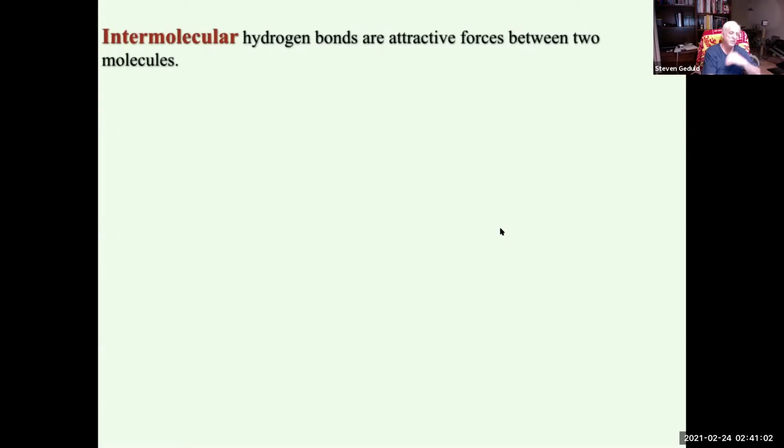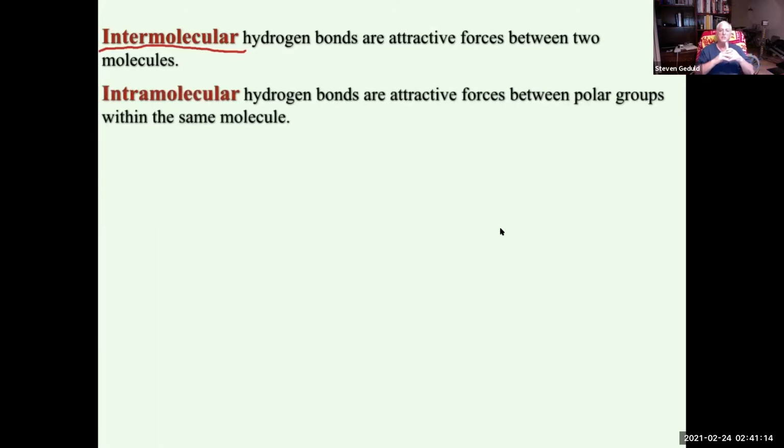Okay. So intermolecular hydrogen bonds are attractive force between 2 molecules. Again, we're talking about intermolecular. Intermolecular means between molecules. Intramolecular hydrogen bonds are attractive force between polar groups within the same molecule. So the molecule can fold on itself, and it's intramolecular.